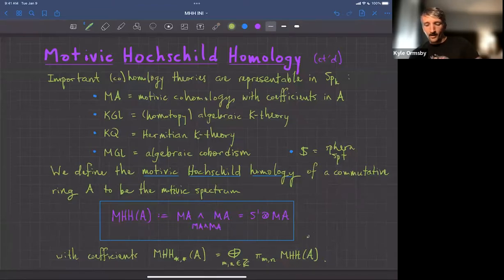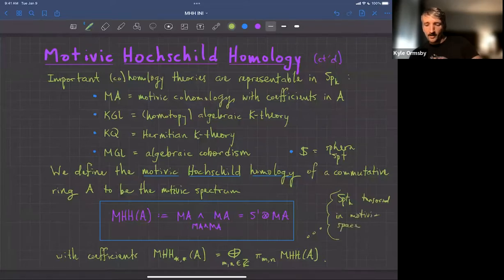Here, I will just put a little daydream in the side here. Motivic spectra, of course, are tensored in much more than simplicial sets. Motivic spectra are tensored in motivic spaces.